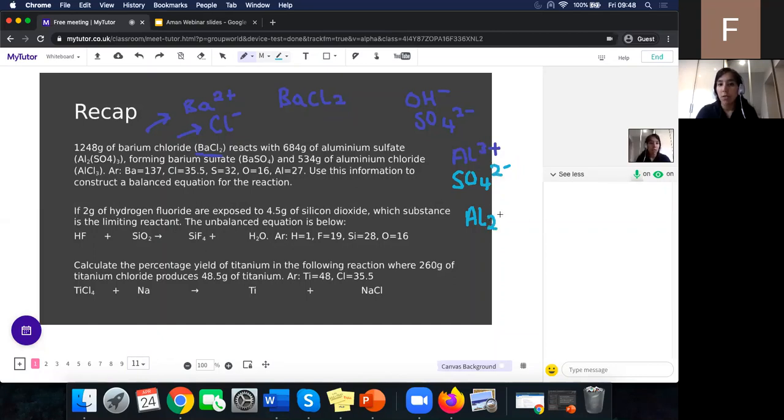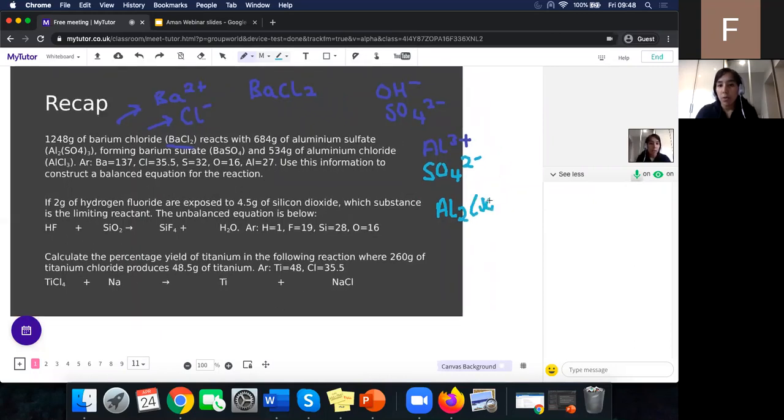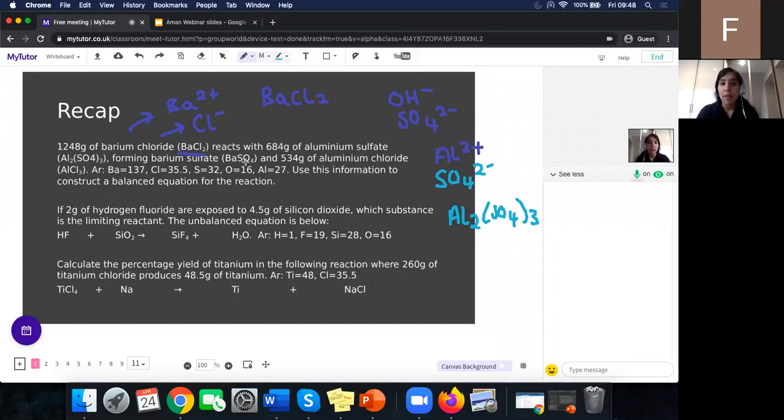So it'll be Al2(SO4)3, like that. And then barium sulfate is exactly the same because barium's a 2+ ion and sulfate is a 2- ion. When they react, you get BaSO4, so there's just 1 of each.